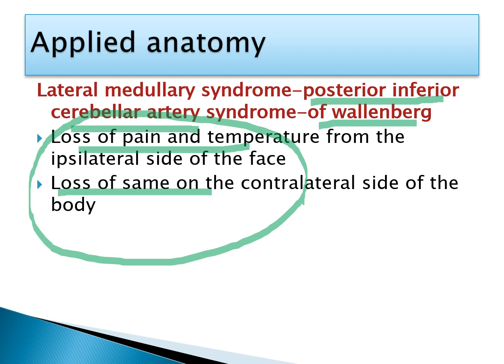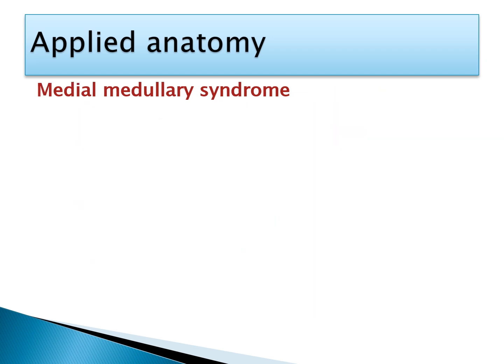If any patient comes to you with these symptoms, you should be able to identify which level of the medulla oblongata is affected, so that you know what tract and what adjacent cranial nerve nuclei are affected. I will not tell what is affected in lateral and medial medullary syndrome.